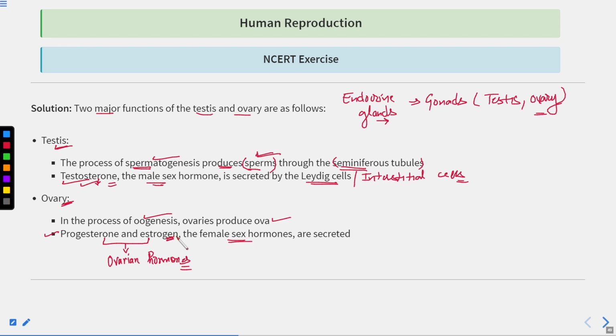It also helps to maintain the bone density. Similarly, progesterone is known as the pregnancy hormone. It helps to maintain the uterine wall, the endometrium, and prepares the uterus for implantation. Clear? It also helps indirectly in lactation. And testosterone helps in the process of spermatogenesis and also helps in the development of the secondary sexual characteristics. Clear? The ovarian hormones also help in the development of the secondary sexual characteristics.